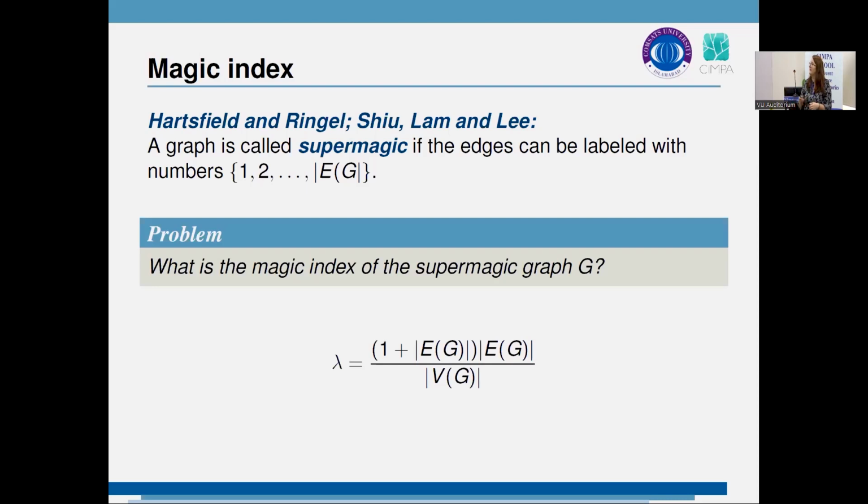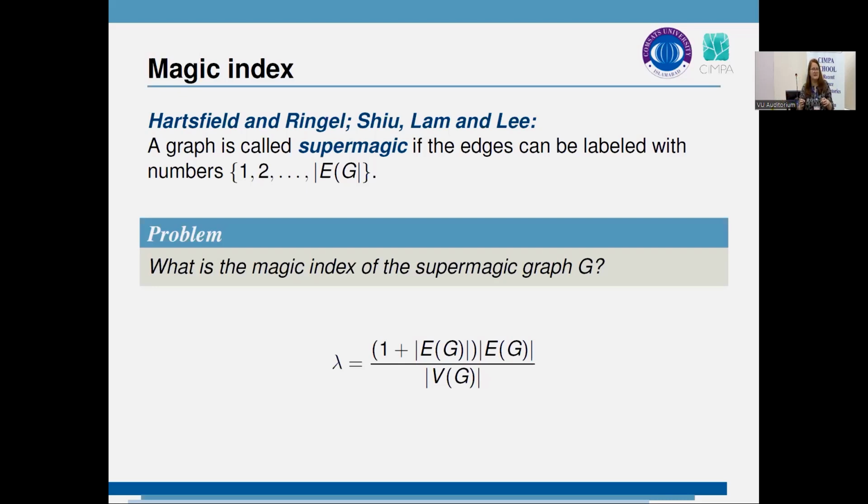So we have this very simple formula for evaluating the supermagic index when we consider the definition by Hartsfield and Ringel. We evaluate the sum of numbers from 1 up to the number of edges multiplied by 2, and this equals the number of vertices multiplied by the magic index.